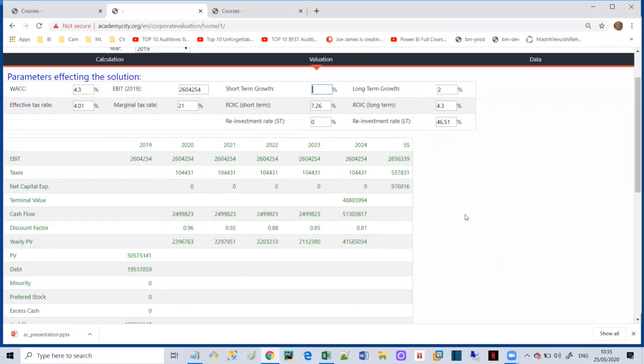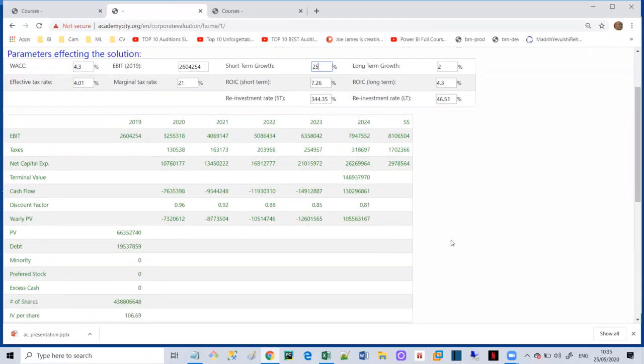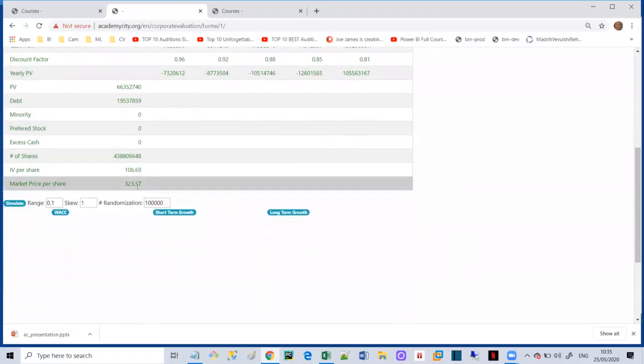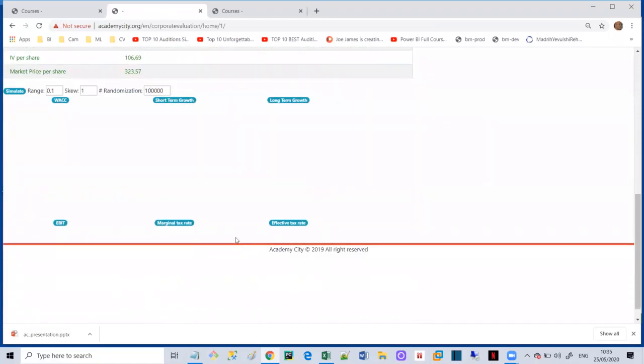If you put, let's say 25, and that's a simulator, and I talk about it later on in the course. What is the effect of the different, here we go, short-term growth? Okay, I built up a simulator around the 25, and that tells me how much the value might be affected.